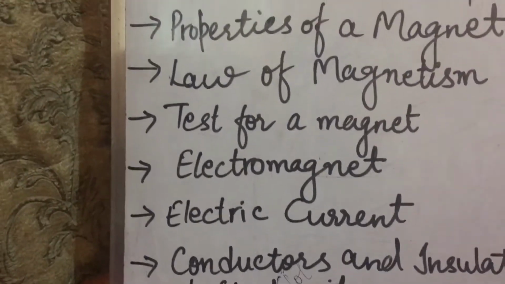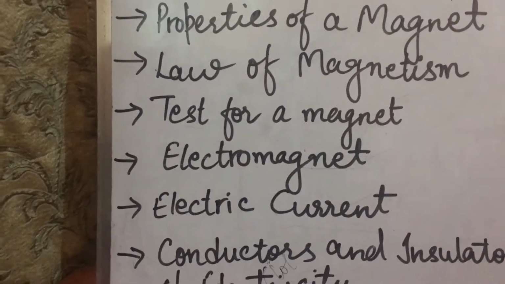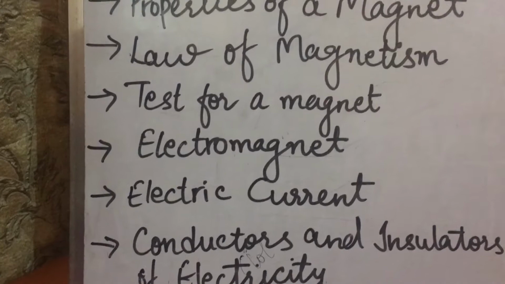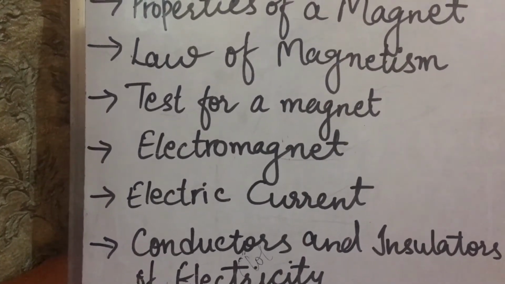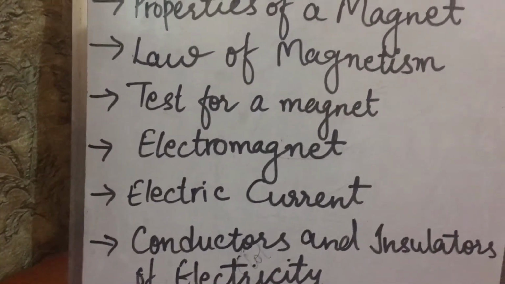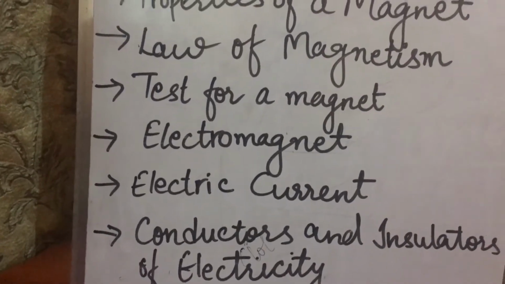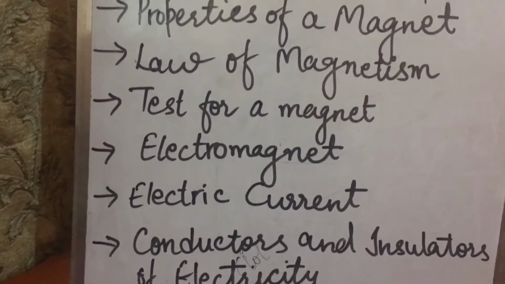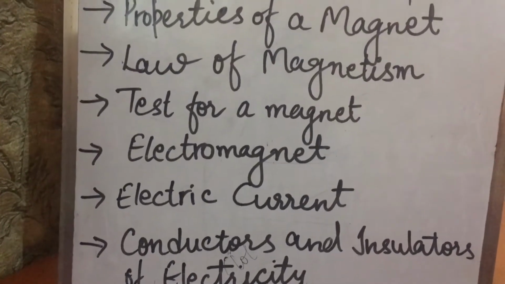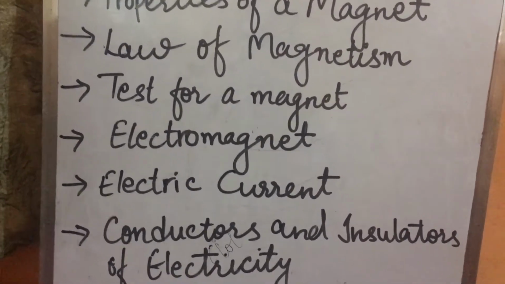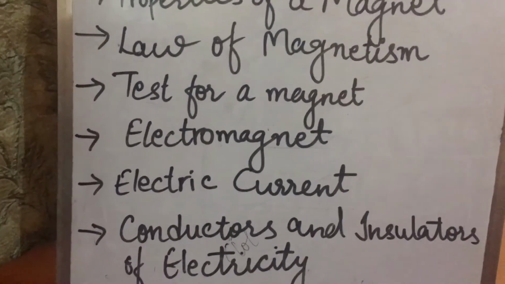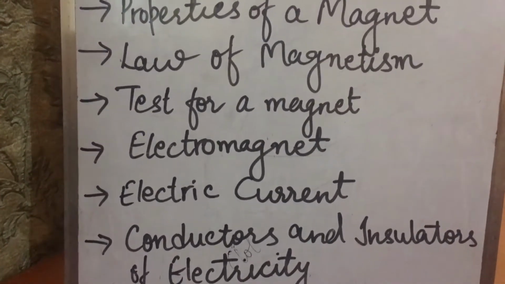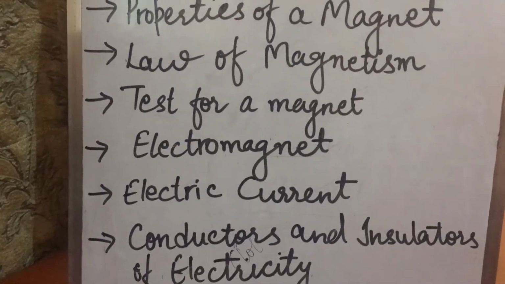We take a soft iron core, and over that soft iron core we wind a coil of insulated wire. When we join the two ends of that wire with a source of current, then when current starts flowing through the wire, the soft iron core will start behaving like a magnet, and at that time it is known as an electromagnet.